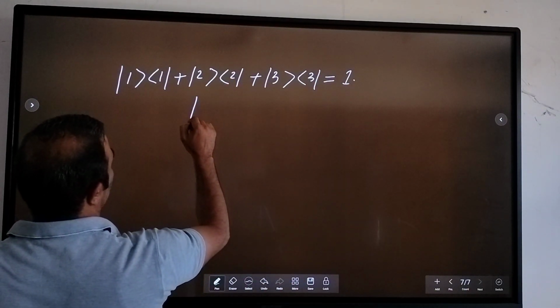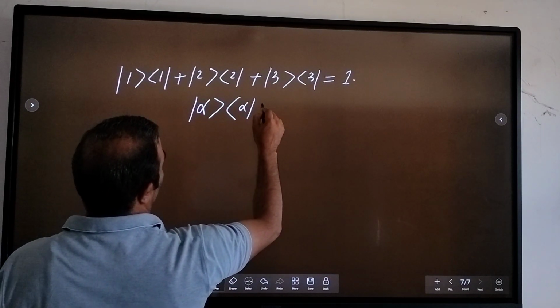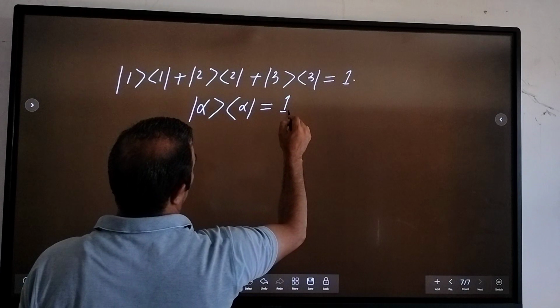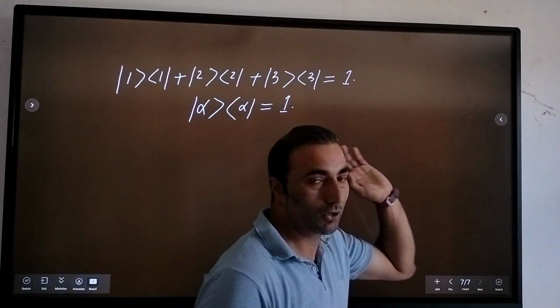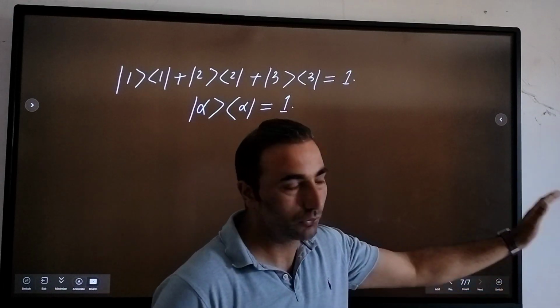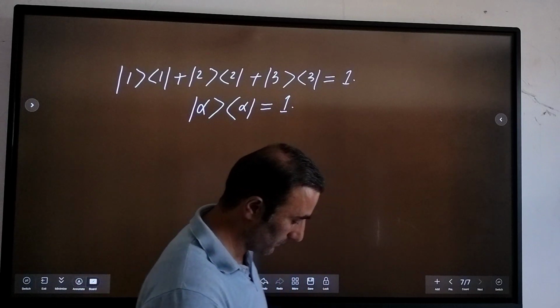Okay, or you can write this as, because alpha takes the values 1, 2, 3, so it takes all those values, we can generalize this with alpha equal to 1. So this is again the completeness relation, right?